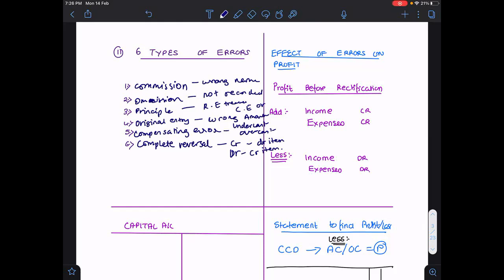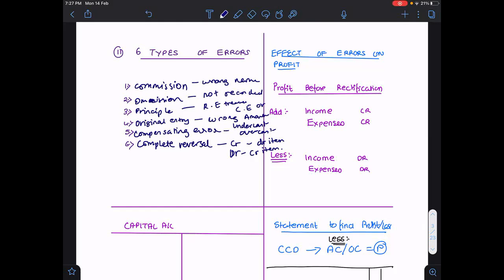What is the effect of error on profit? हम लोग जो wrong reverse correct rectification करते हैं, तो मुझे वो effect on profit बताना है. जो भी हमारा rectification entry है ना, उसमें income credit या expense credit दिखेगा, so you will add it to the profit. और rectification entry में income debit or expense debit दिखेगा ना, so you subtract from the profit, so you get the corrected profit.